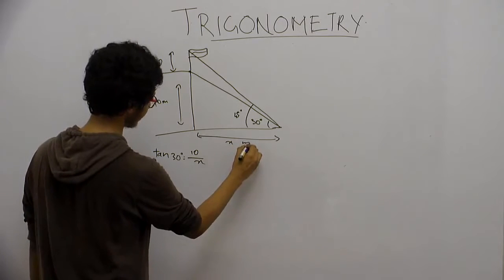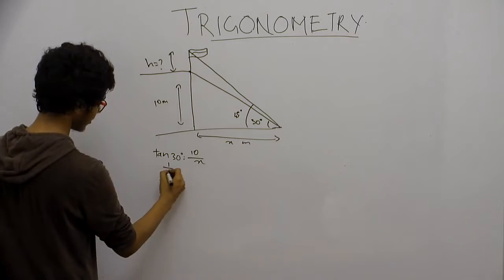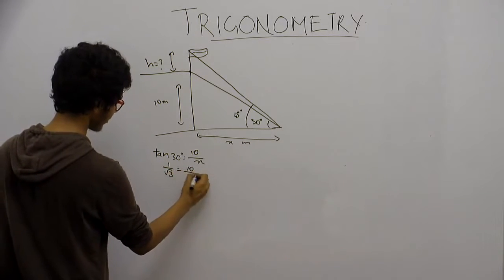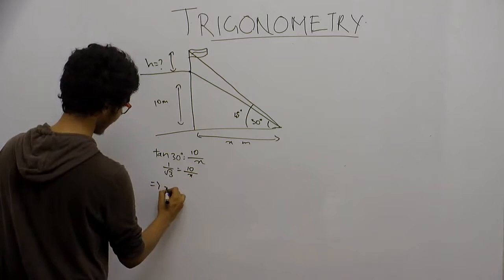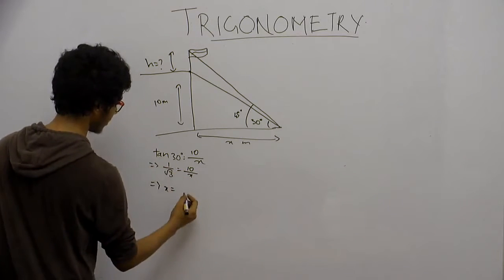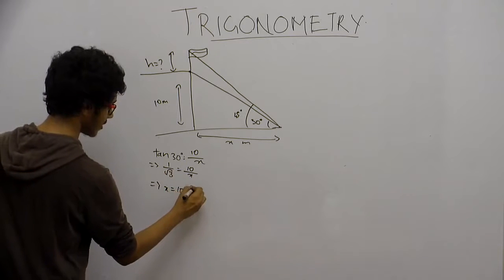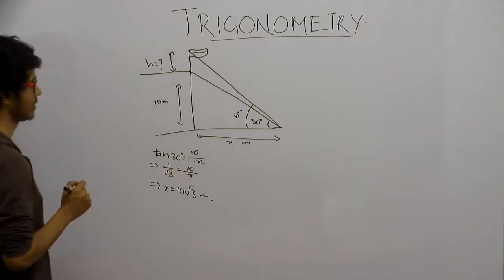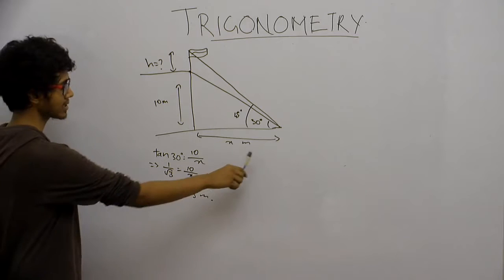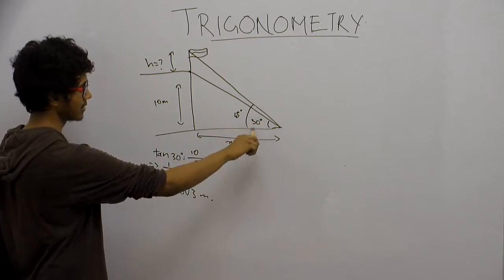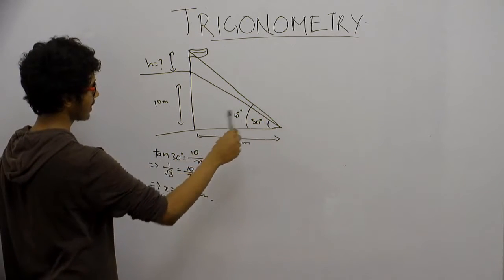Let's say this is x meter, implies tan 30 degree is 1 by root 3 equals 10 by x, implies x equals 10 root 3 meters.